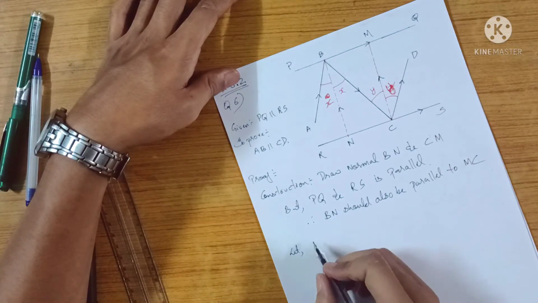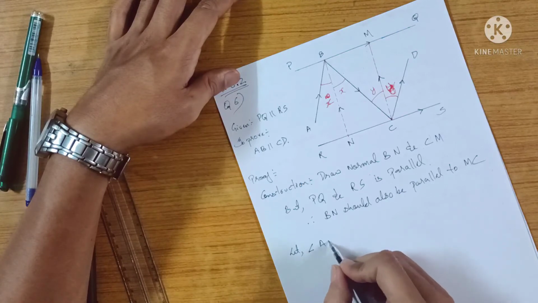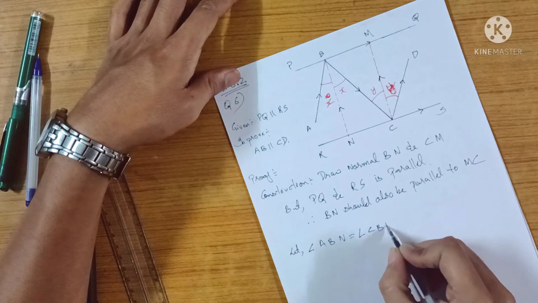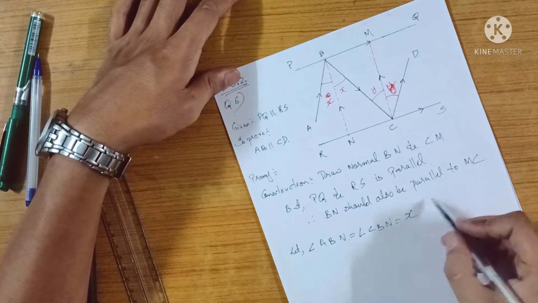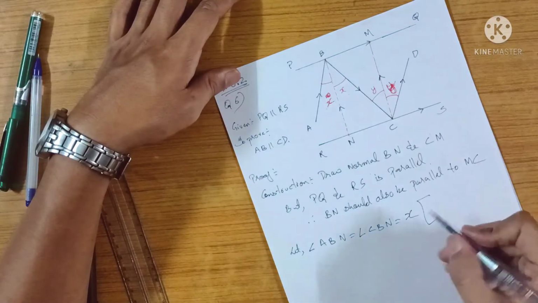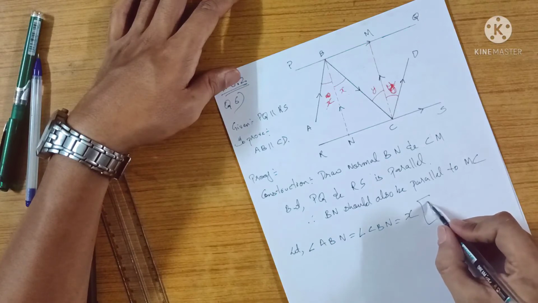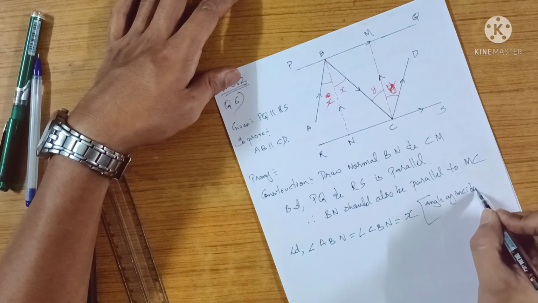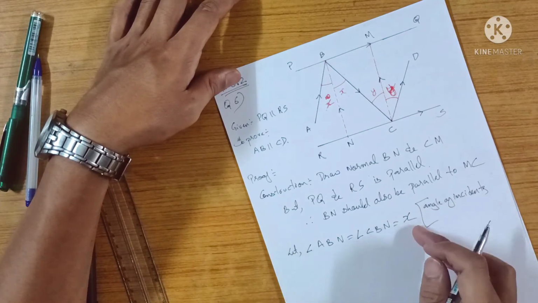Let angle ABN equal to angle CBN equal to x. I'm taking x for both, so angle of incidence. Why can we take both of them as x?